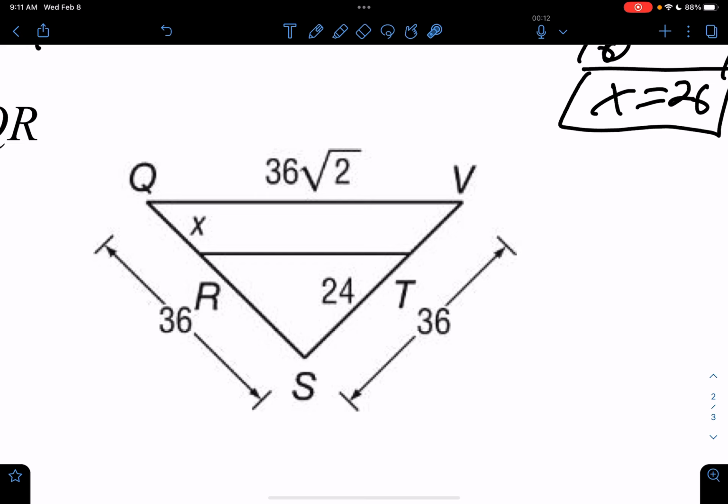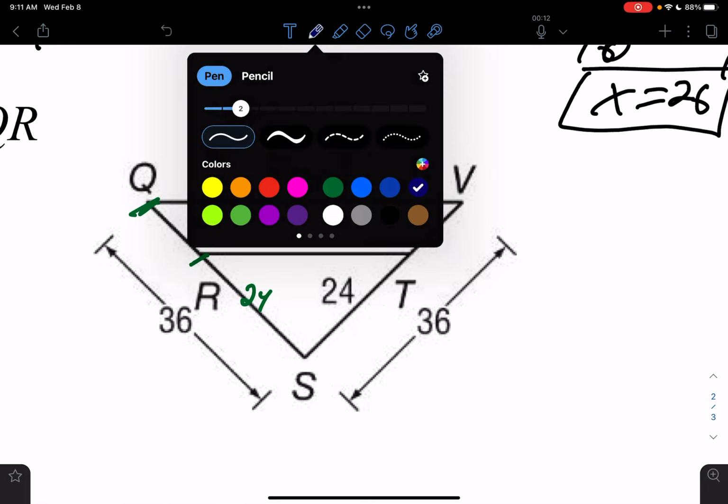If it's an isosceles triangle, that big triangle right there, then this side is 24. You know what this other one is going to be? 24. So, I'm going to take a guess right here, and I will say x is pretty much whatever is 36 minus 24.